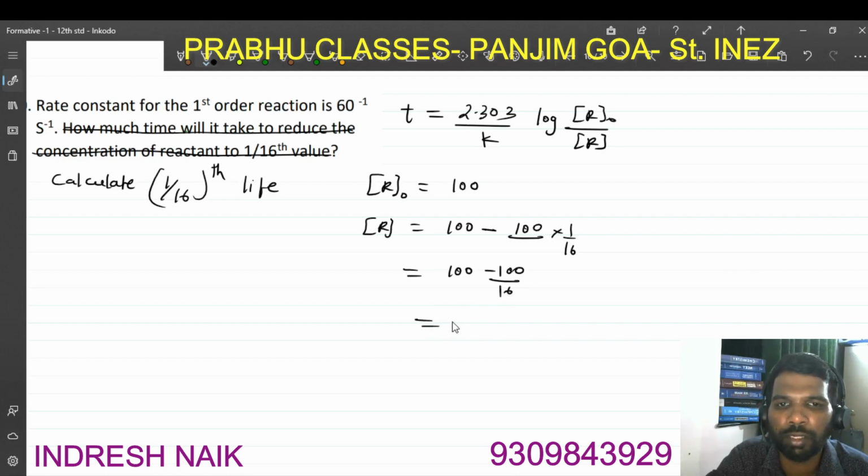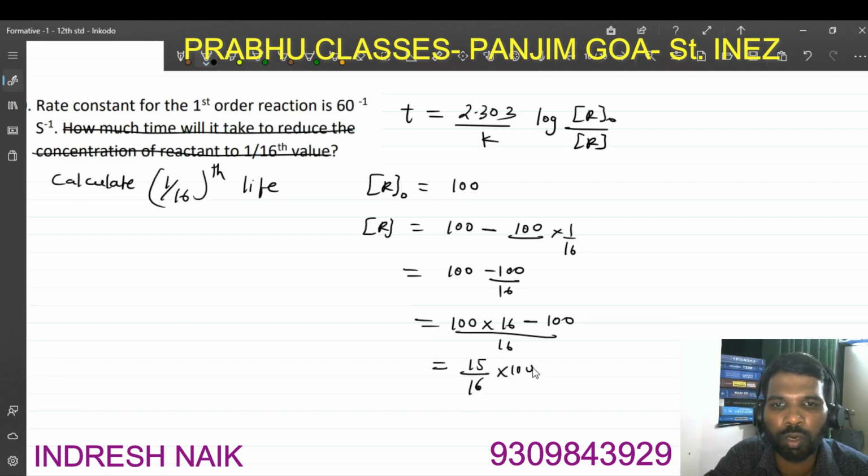What would be that answer? 100 into 16 minus 100 upon 16. So you take this, and this will be 15 upon 16 into 100, right? I'm just finding r over here.